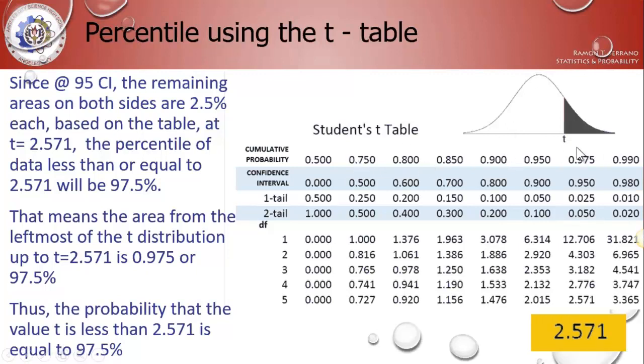Kaya lang, to the left of 2.571, isasama natin yung 2.5%. So, 95% plus 2.5%, you'll end up with 97.5%. Okay, clear? So, we're not talking only of confidence interval when we look at the T table. We can also look at the area below the T value, or in short, the percentile.